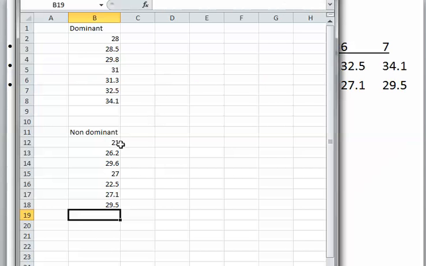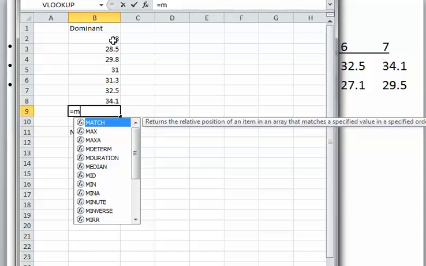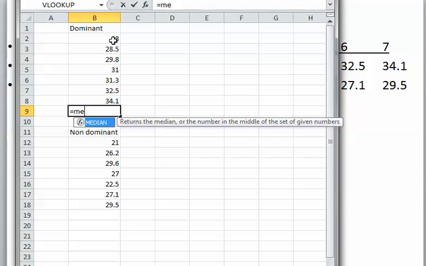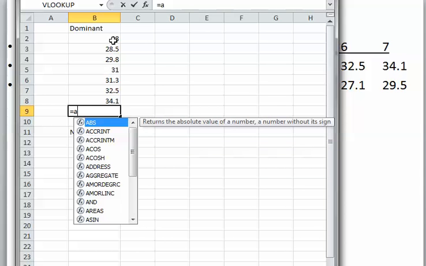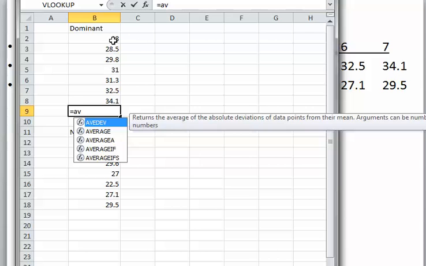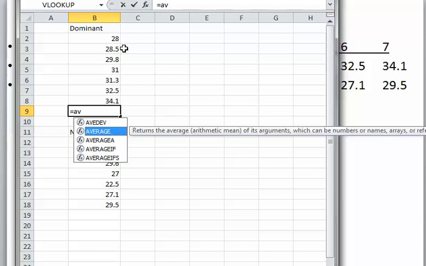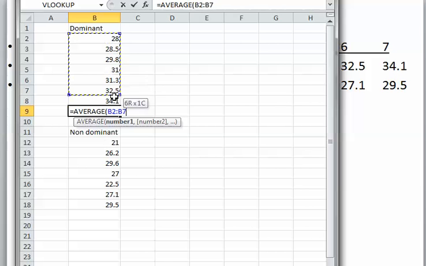So I put the data into Excel so you can see me work with it to complete the calculation. So first thing I need to do is find out the mean of these values. So I'm just going to go to average, click on that, of the values.